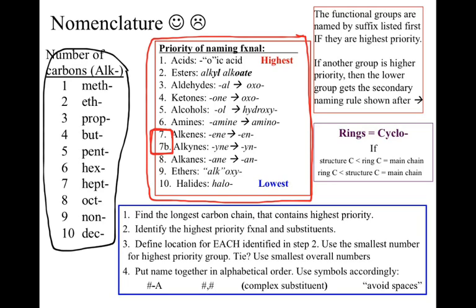When it comes to assigning which functional group name, I tried to provide within this table 2 bits of information. So number 1, if that is the highest priority functional group, an alkyne, then that is going to be the suffix of your name for that compound. If there is a higher priority group, then the name changes instead.